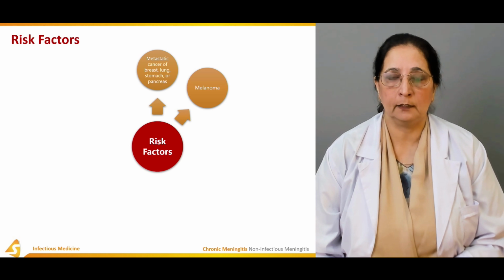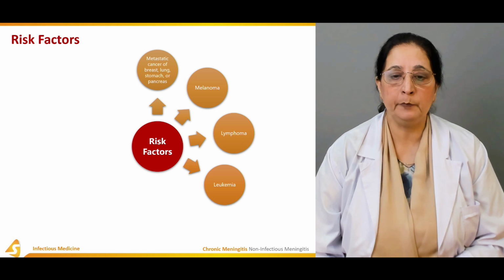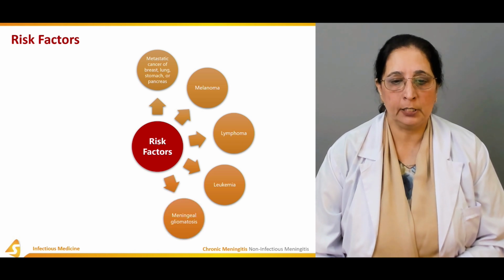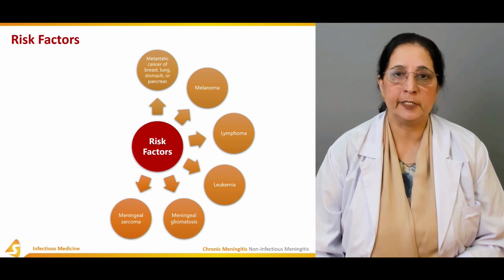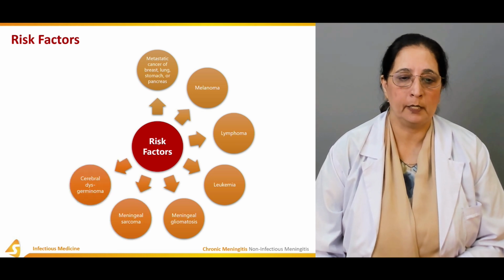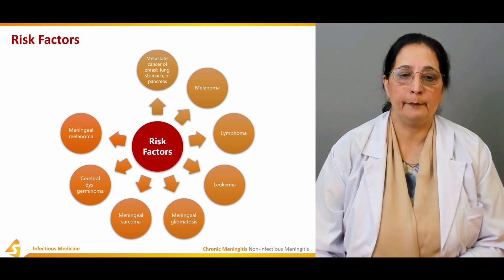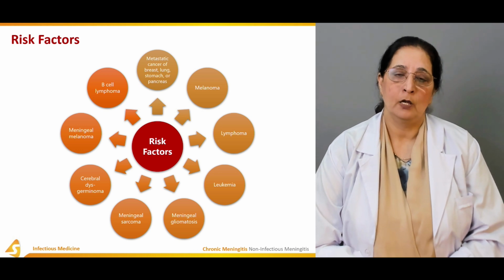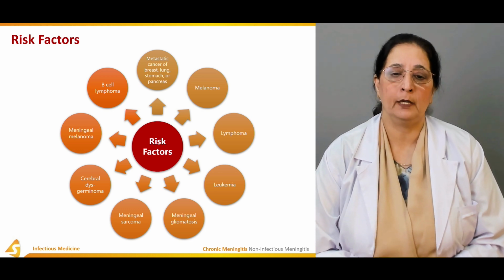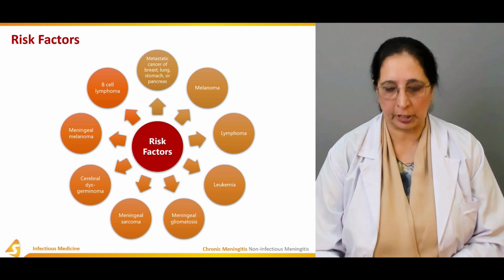Melanoma is another important malignancy, as are lymphomas, leukemia, meningeal gliomatosis, meningeal sarcomas, cerebral dysgerminomas, meningeal melanoma, and B-cell lymphoma. All these are different malignancies that can cause chronic meningitis.